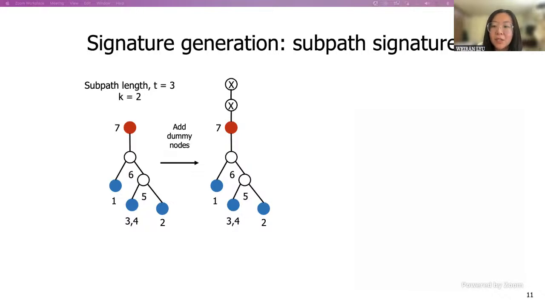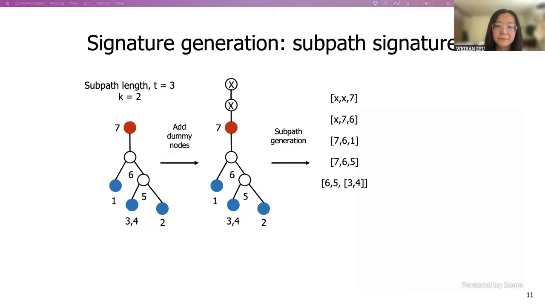After adding these 2 dummy nodes, we collect all the subpaths of length 3 from the new root, and then we traverse down the tree until every node has been visited. We then apply 2-min hash to the entire multiset of all subpaths. Each subpath is considered as one element in the set. We then get one signature for the merge tree, and finally such a signature is taken as the input for locality-sensitive hashing.